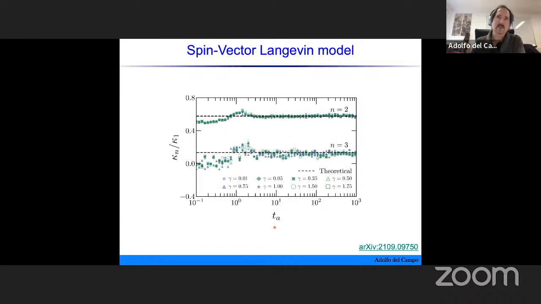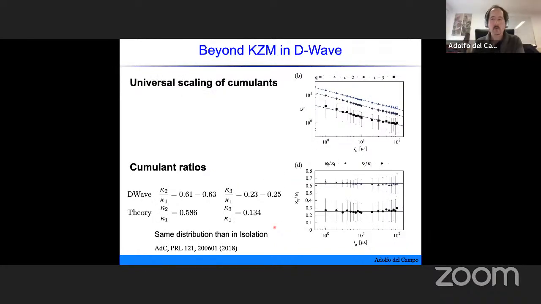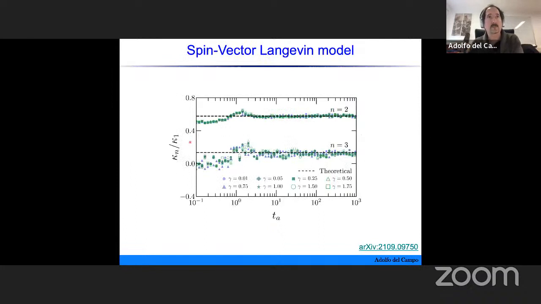Again, I want to emphasize, this is D-Wave data, but we can do the same thing with the new benchmark, which is the spin vector Langevin model, essentially classical rotors evolving under Langevin dynamics. And you also see that you get the same kind of constant ratio of cumulants. Each of the cumulants scales universally with the annealing time, but the ratio of any two cumulants is a constant, pretty robust.